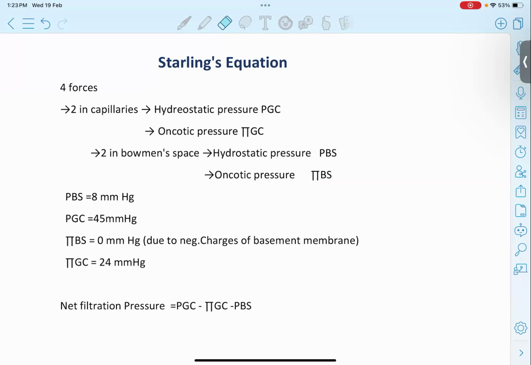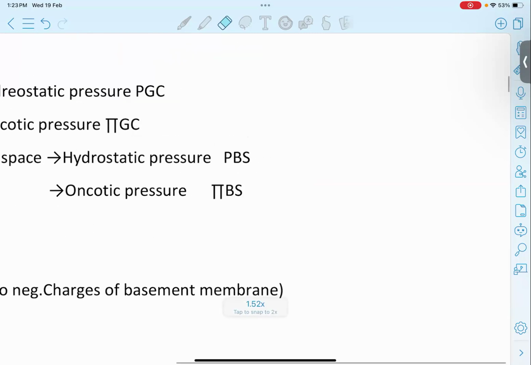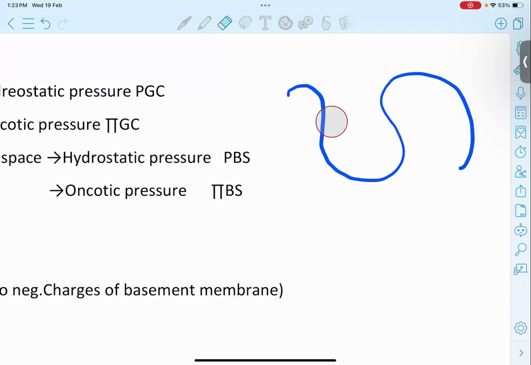So Starling equation. To understand Starling equation, first we need to understand there are 4 different types of force in the kidney. For that, let me draw a picture of a Bowman's capsule.